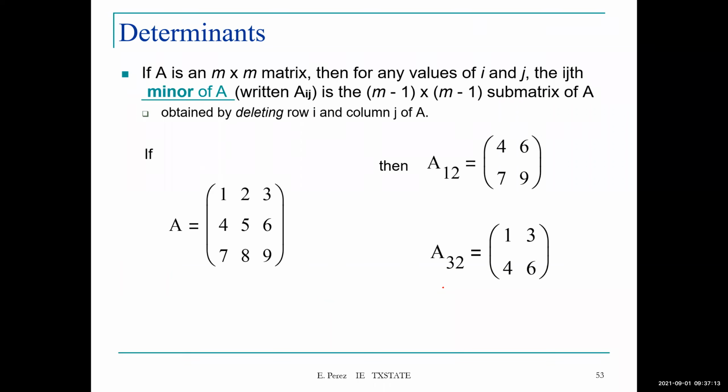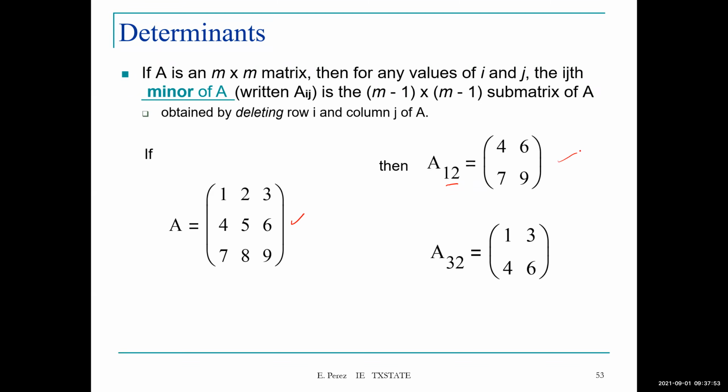For example, if we have matrix A here, which is a 3 by 3, and you want to find the minor, in this case the minor is going to be named A12. So we delete row 1 and column 2 from the original matrix, and we obtain that minor, which is 4, 6, 7, 9.